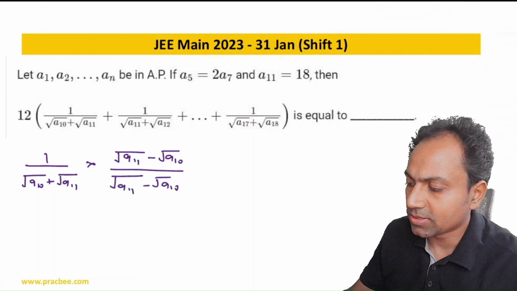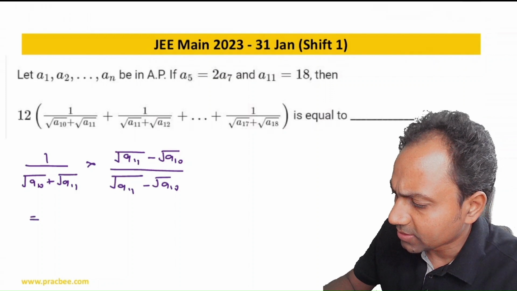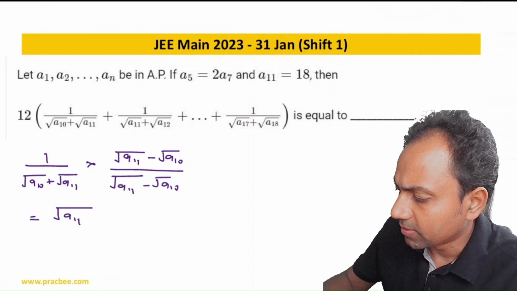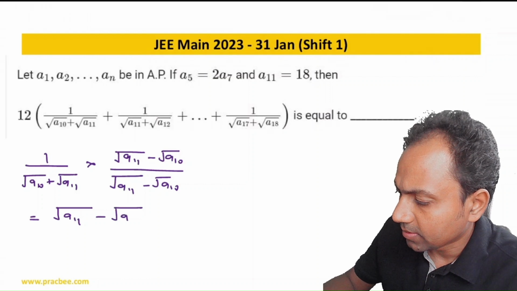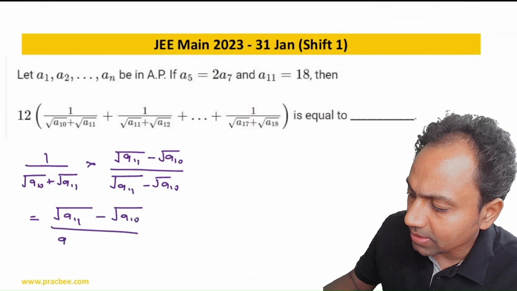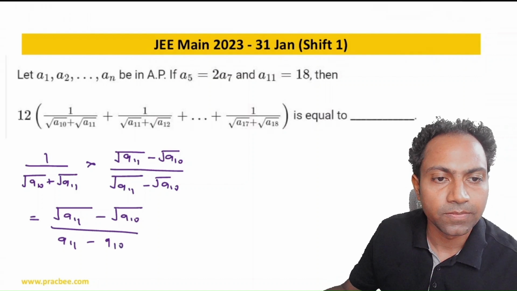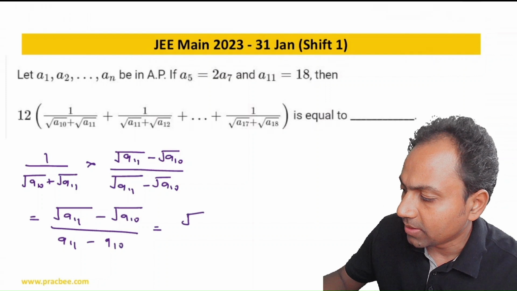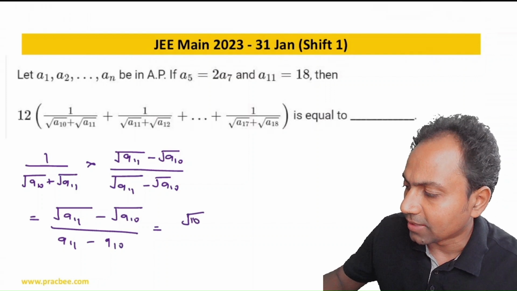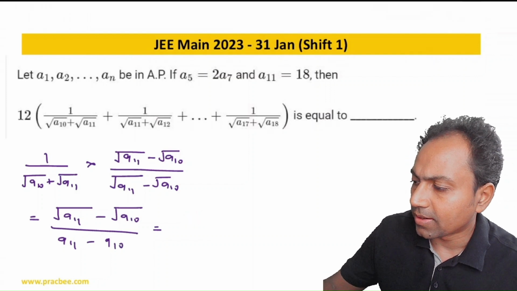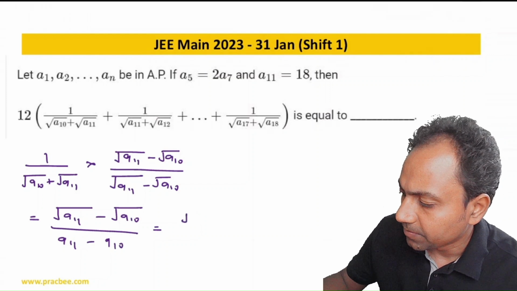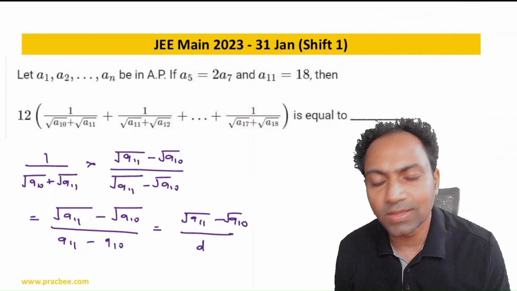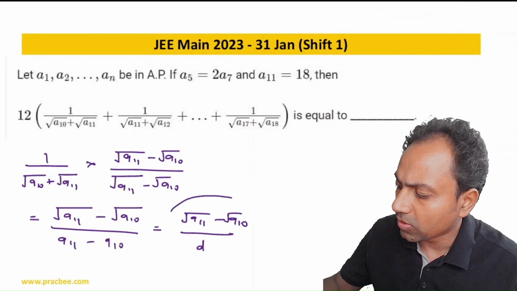Now, once I do this, what I will get in the numerator is nothing but root of A11 minus root of A10, while in the denominator, what we have got is A11 minus A10. Now, root of A11 minus root of A10 can be kept as standard, and we can write A11 minus A10 in the denominator as nothing but D. Now, once you have done that, you can use the similar format for all the terms.